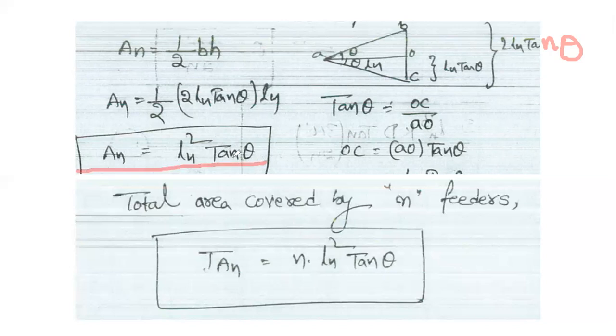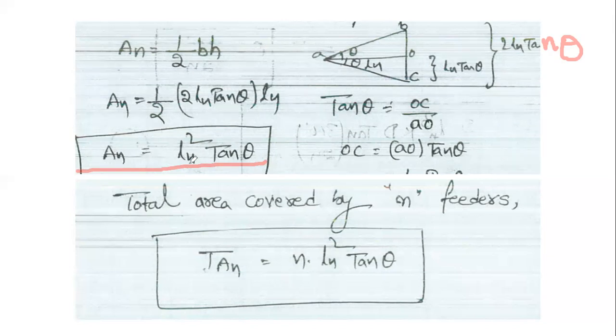This is the area served by one feeder when n number of primary feeders are connected. AN is equal to ln square into tan theta.